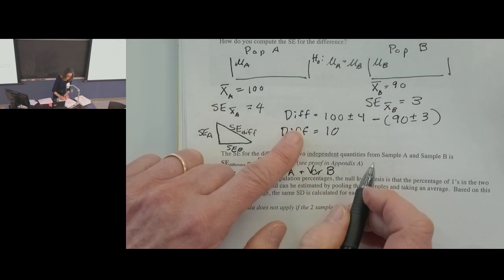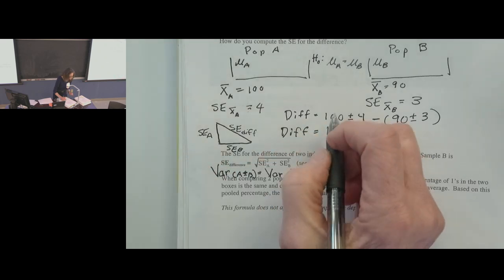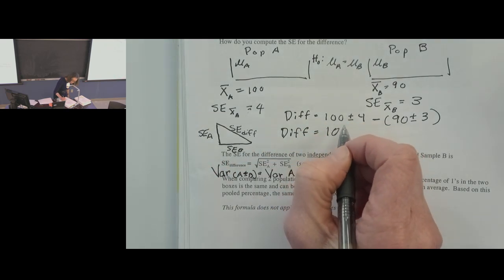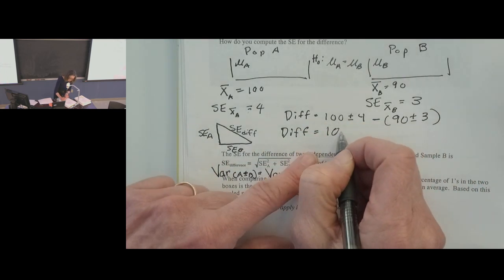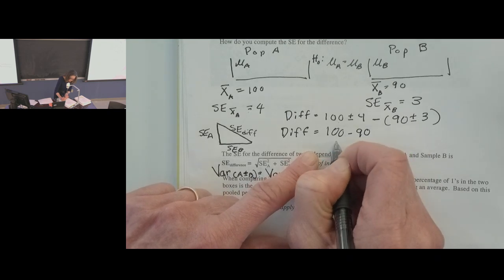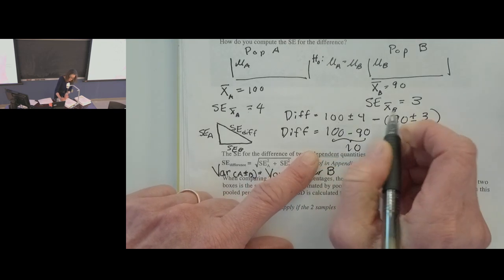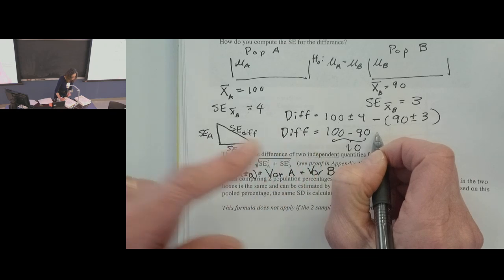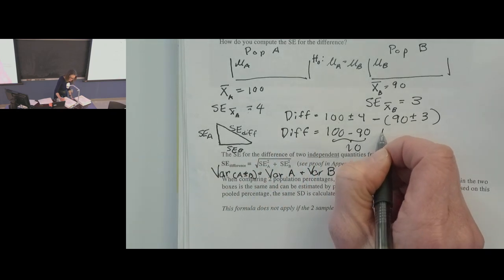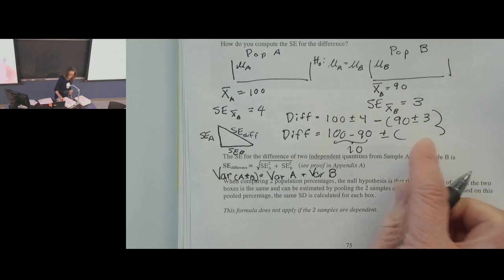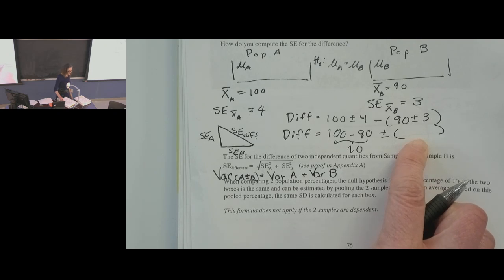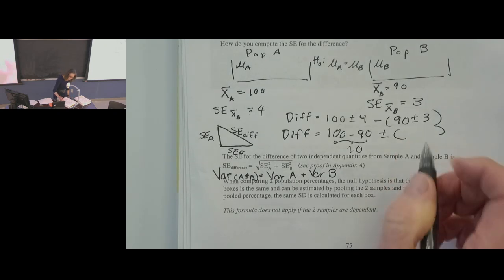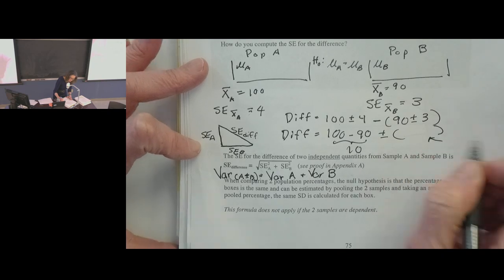So how do we combine them? This part right here is 100 minus 90. That part's 10. And it's this part that we wanted to know, plus or minus what? What's going to be our error? Our error is what goes right there.